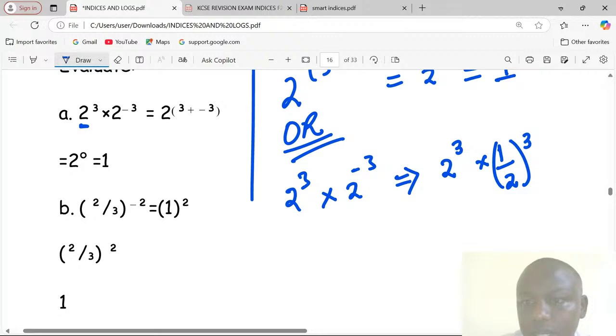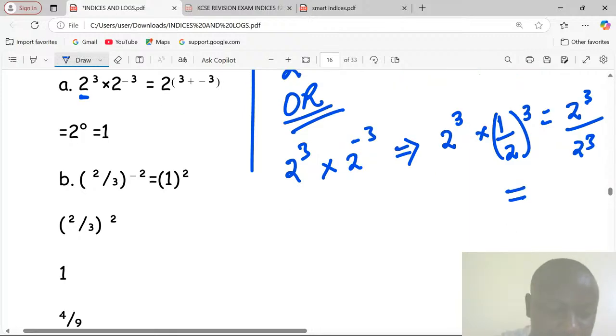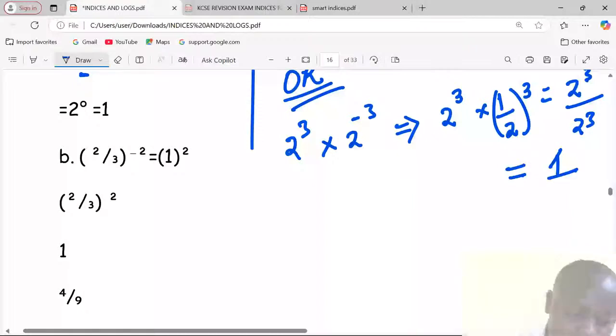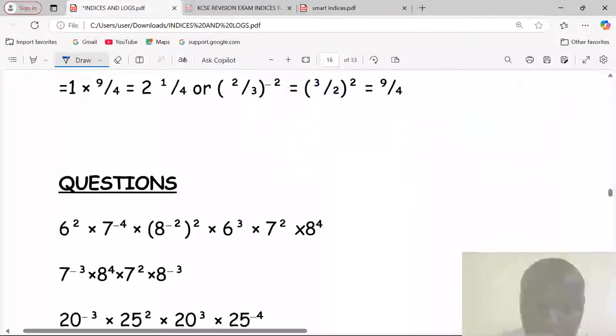So this is 2 power 3 divided by 2 power 3. When we divide two equal values, they simplify to 1. So 2 power 3 divided by 2 power 3 simply becomes 1. Yes, so that is it.